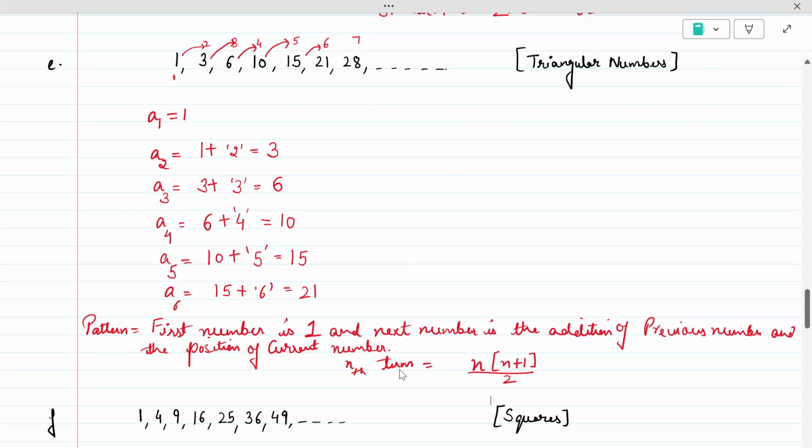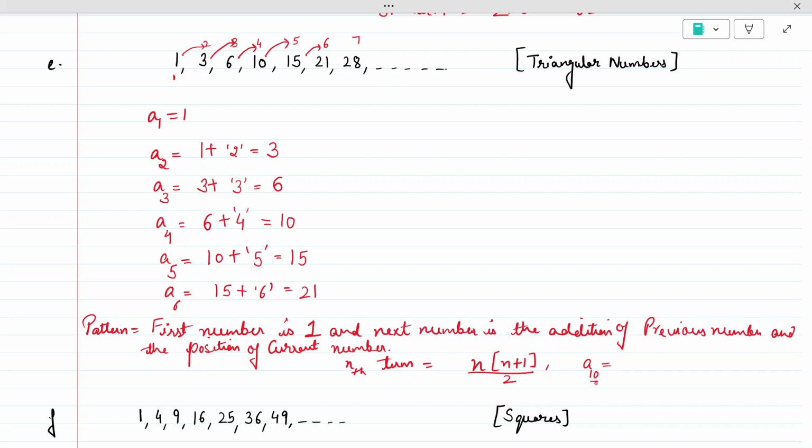If we have to derive any term at any position, we have to use this formula, that is the sum of the first n natural numbers. So let us take one example. If I have to derive the number present at, let's say, the 10th position, I need a10, that is, what term would be there at the 10th position.